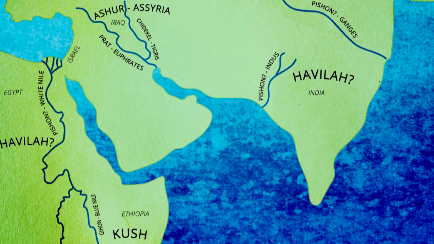Well, Josephus, in his History of the Jews, identified the river Pishon with the river Ganges, since he identified the land of Havilah with the land of India. So this would put the Gihon in Egypt and Ethiopia, the Tigris and the Euphrates in the Middle East, and the Pishon over in India. And people were like, well, hold on, those rivers don't join.